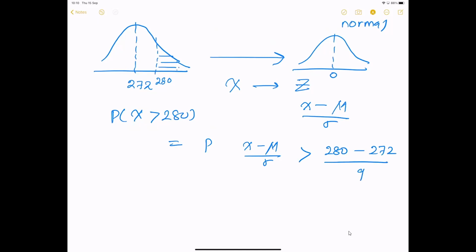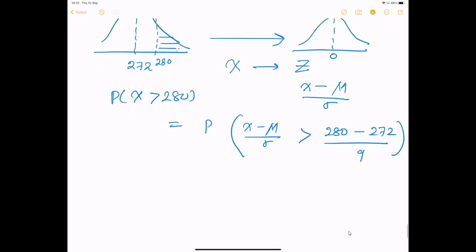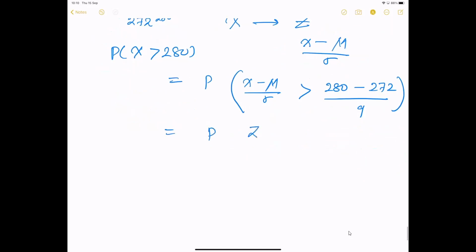Standard deviation is 9. Now this one should be our P(Z greater than ...). If you simplify this one, just simplify the values. 280 minus 272, that is 8, divided by 9, that is 0.888.